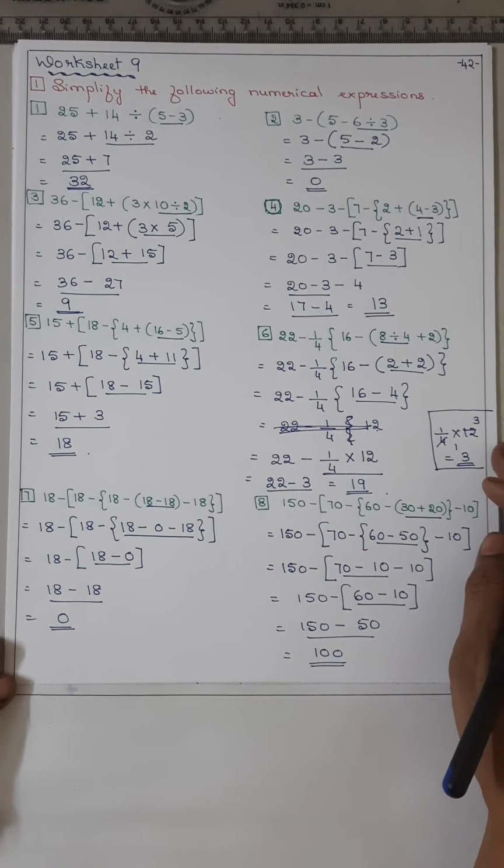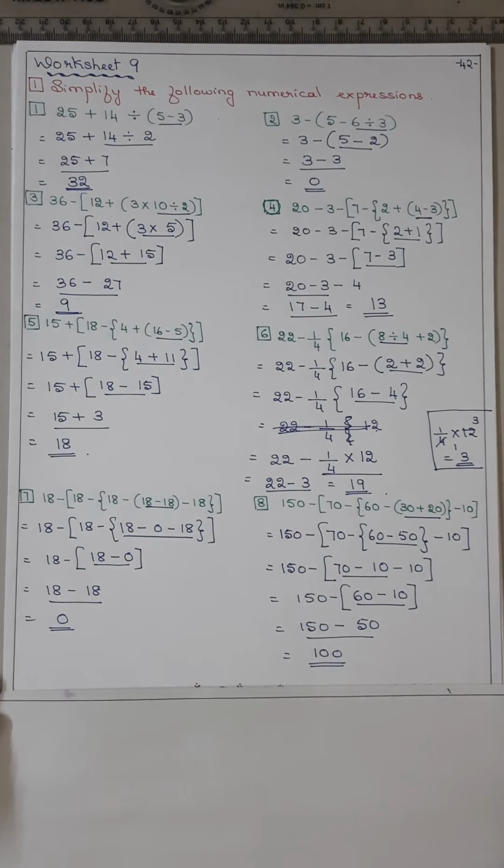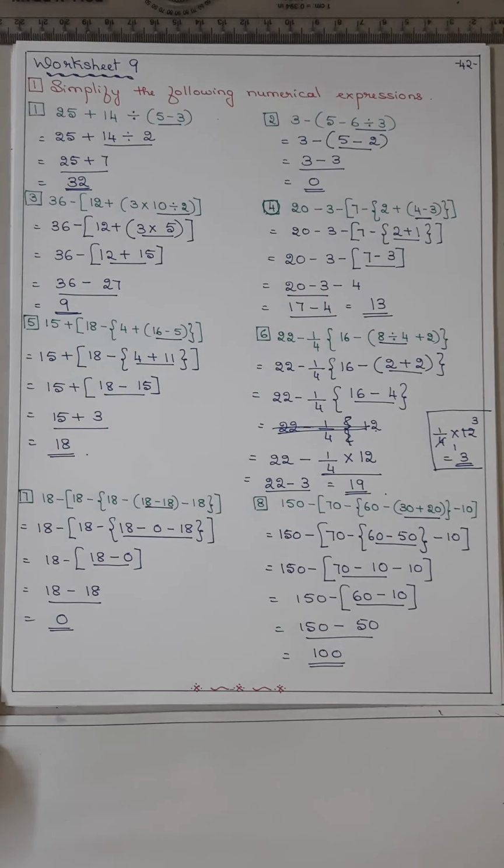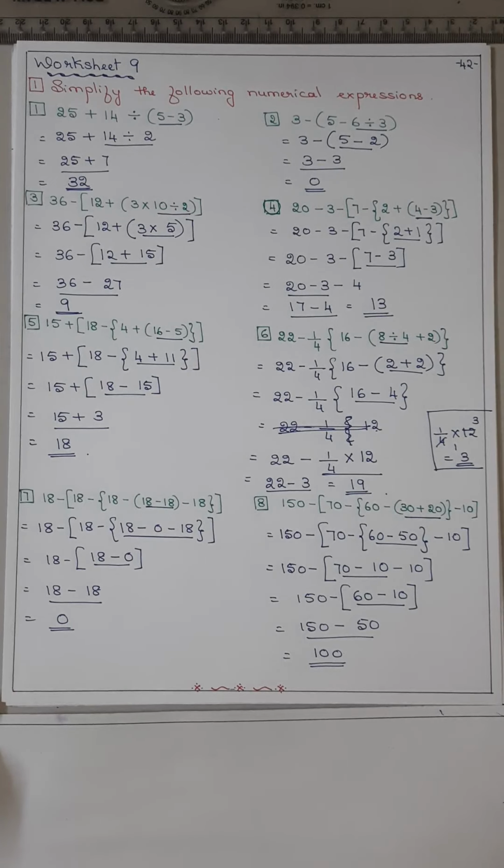Is it okay? So we have completed worksheet 9, the simplification. It is a little tough, I know, but you have to remember the rules. In DMAS and brackets, round, then curly, then the square brackets.